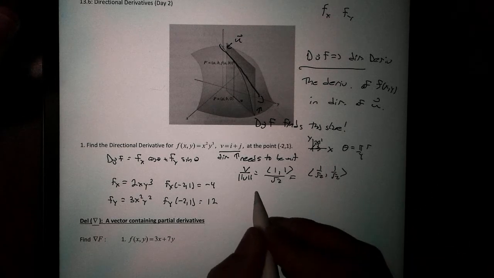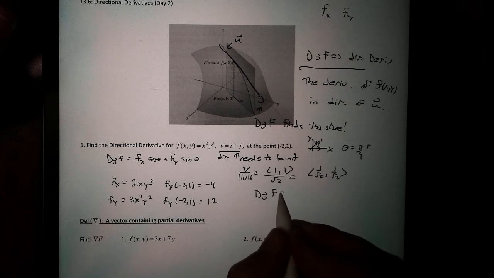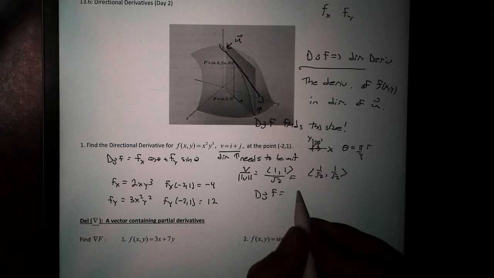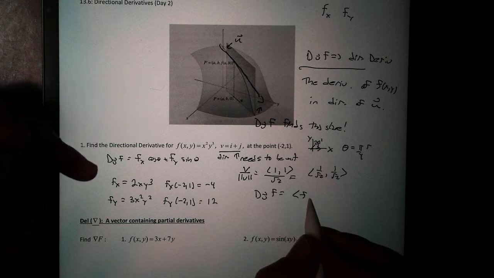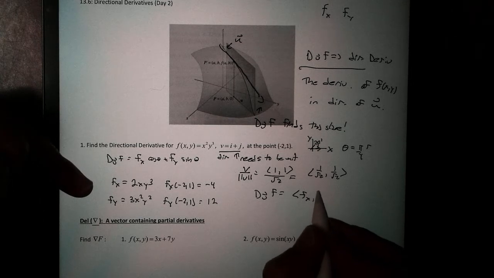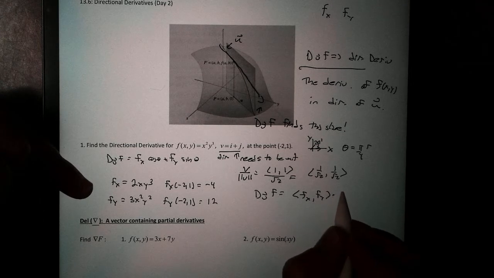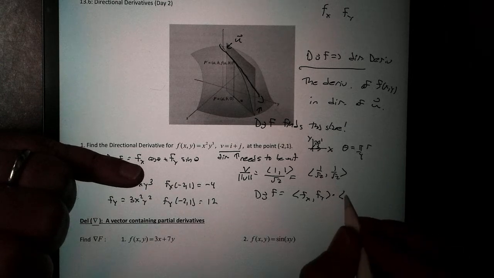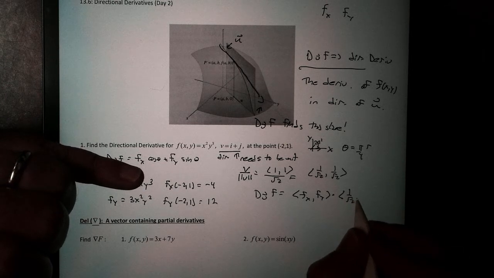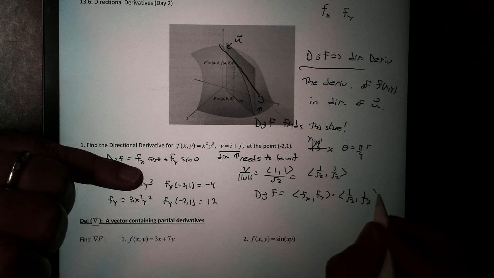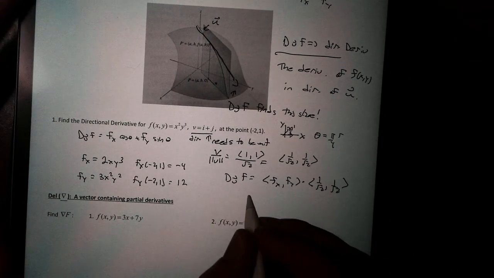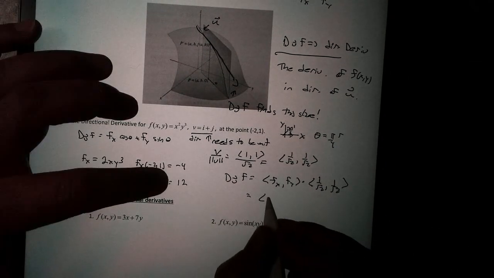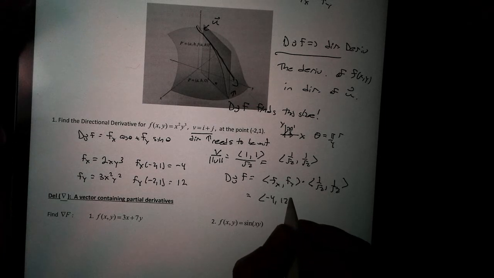So to find our directional derivative, we said we can take the dot product of our partials, fx, fy, with our direction vector, which is 1 over root 2, 1 over root 2. Taking a look here, we know that this was negative 4, this was 12.